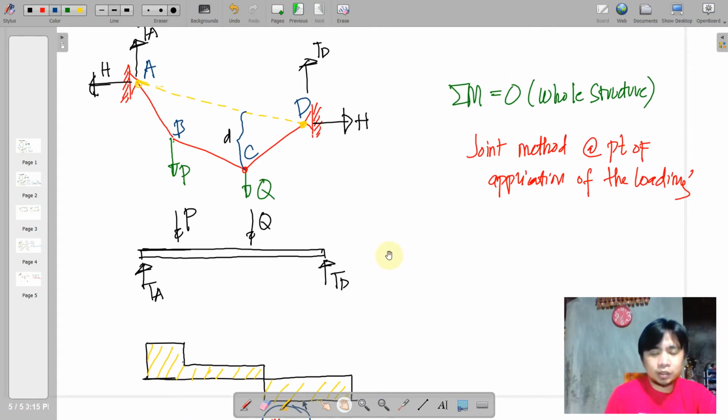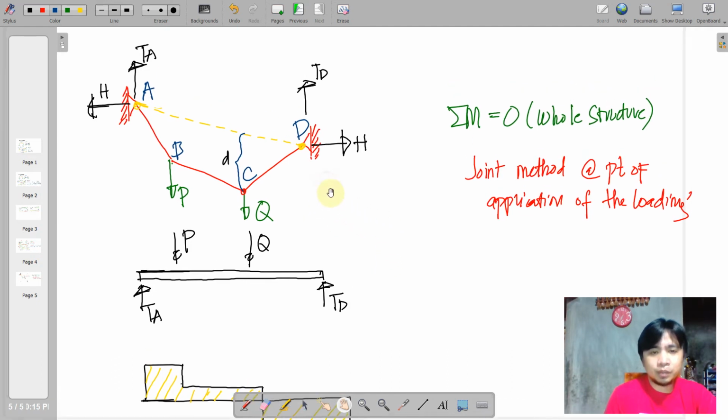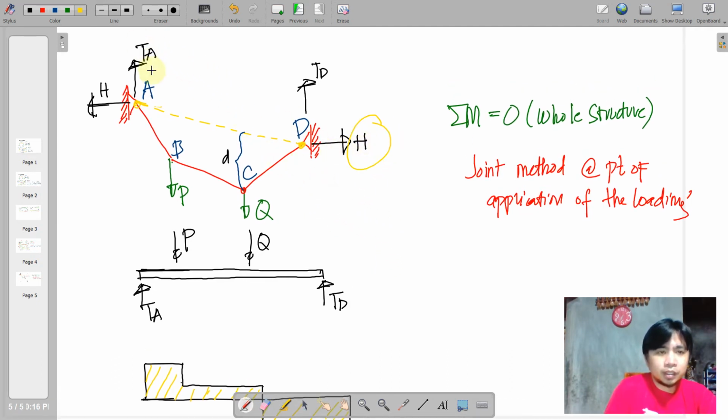So we can just equate this into a relationship between H and your M2. And what will be the relationship?